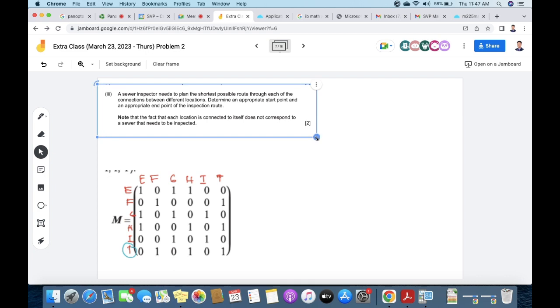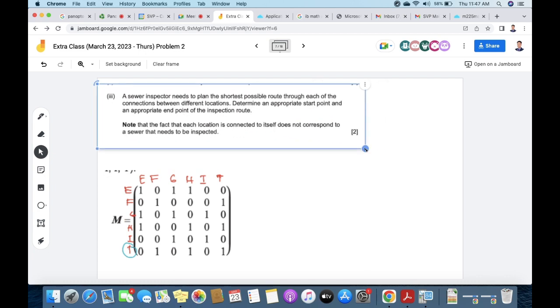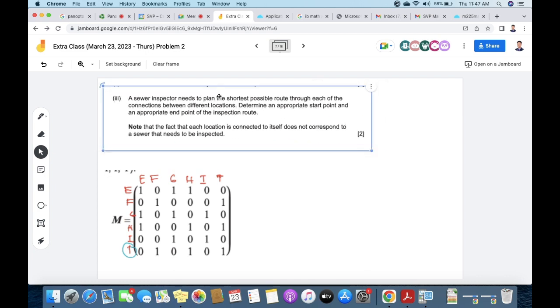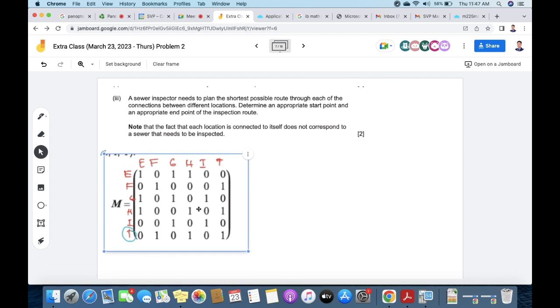He plans the shortest route through each connection between the different locations. So determine an appropriate start point and end point of the inspection route. In this case, the inspector just wanted to plan how he can check each route with the shortest possible way.